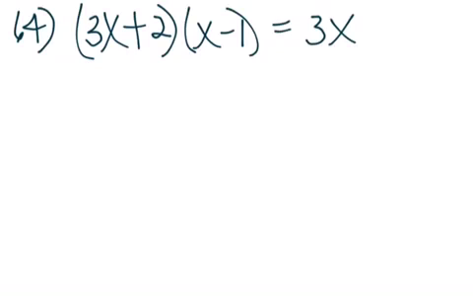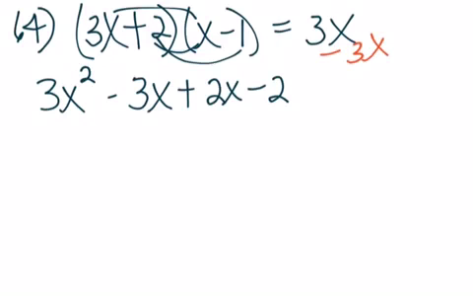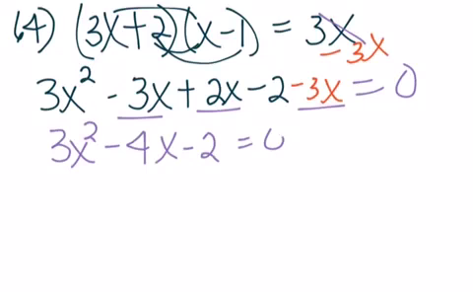So what we need to do is FOIL: 3x squared minus 3x plus 2x minus 2, and then we need to subtract this 3x from both sides. So we have 3x squared minus 3x plus 2x is minus 4x minus 2 equals 0.